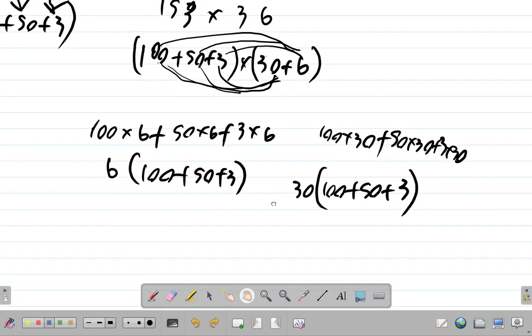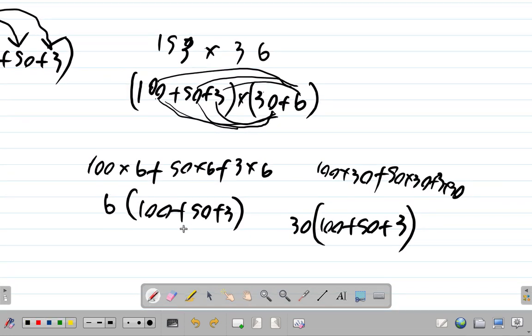So what do you really do? When you multiply this out, and then multiply this, what you really have is 3 times 3 is 9, and it is really 90.